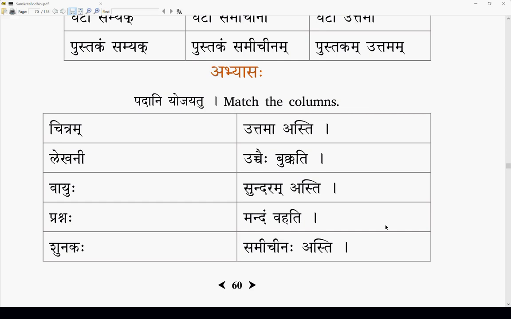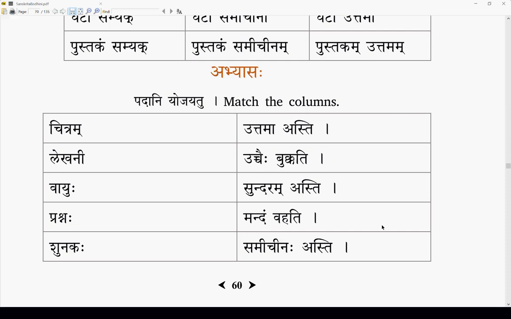But the Sanskrit language is a bit different. Note that once again I want to say, which I say many times, that this language does not have a name. We are calling it Sanskritam because we can't call it anything else.